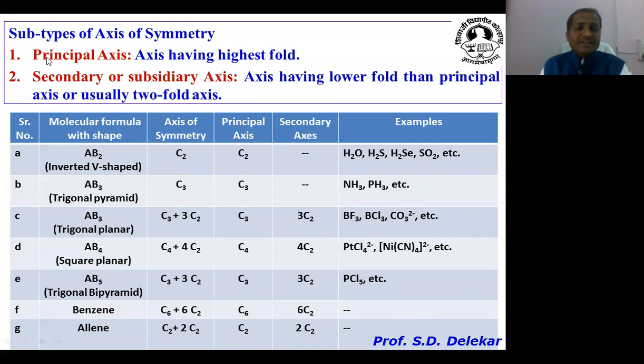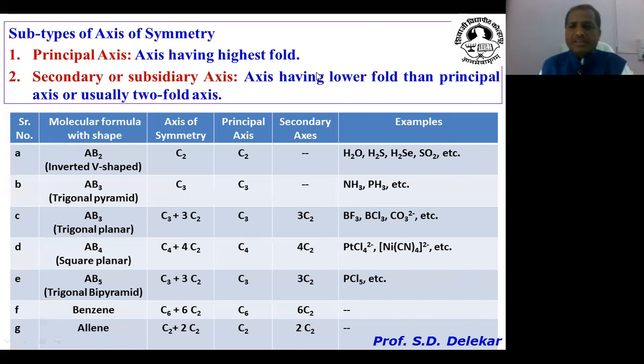The axes of symmetry are subclassified into two types: one is the principal axis, and the second is the secondary or subsidiary axis. The principal axis means the axis having the highest fold, and the secondary or subsidiary axis means an axis having a lower fold than the principal axis.